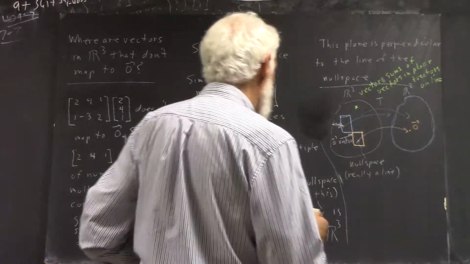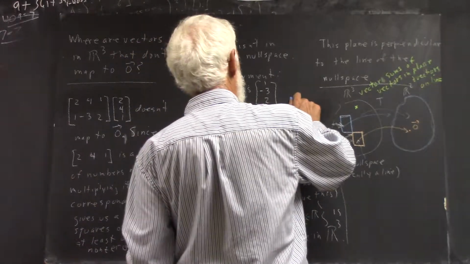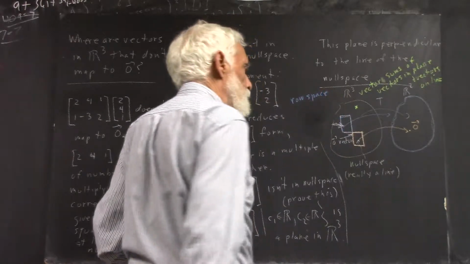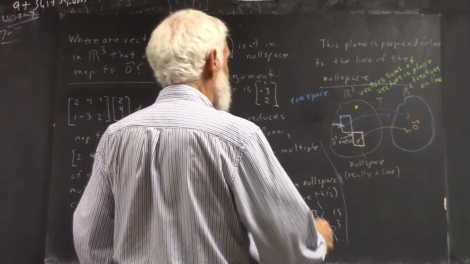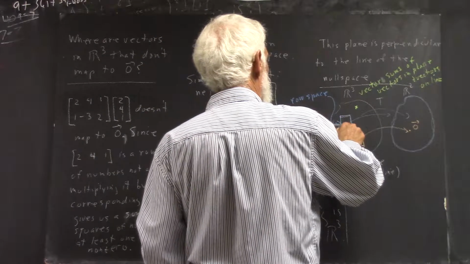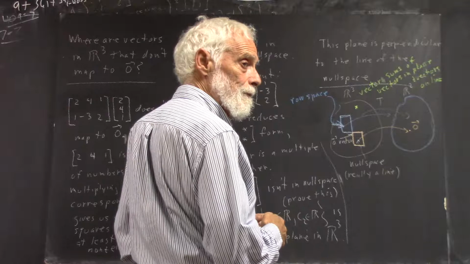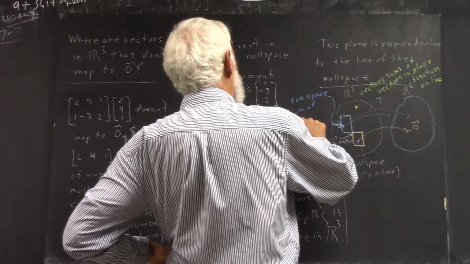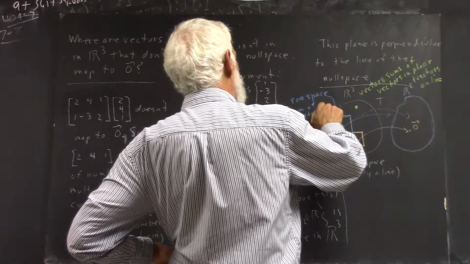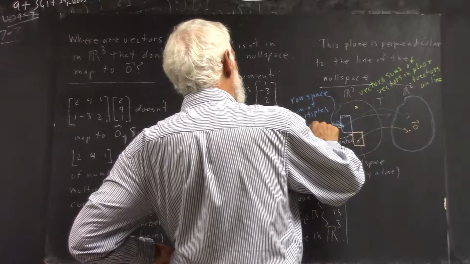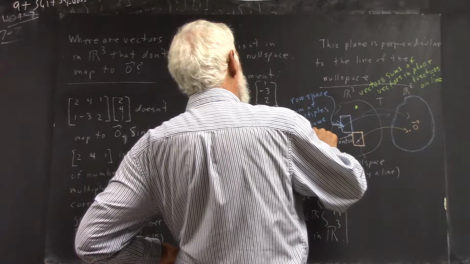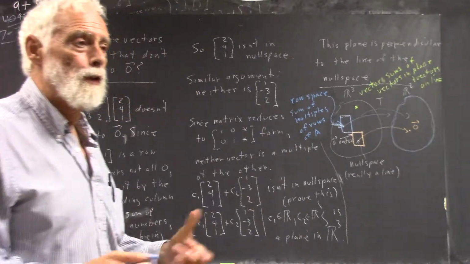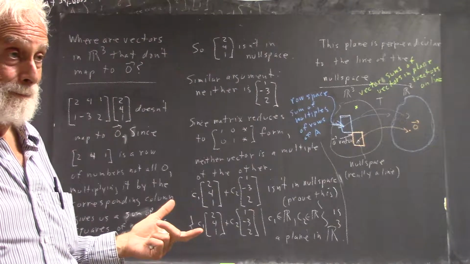So this is called the row space. Sum of multiples of the rows of A. That's what forms a plane.